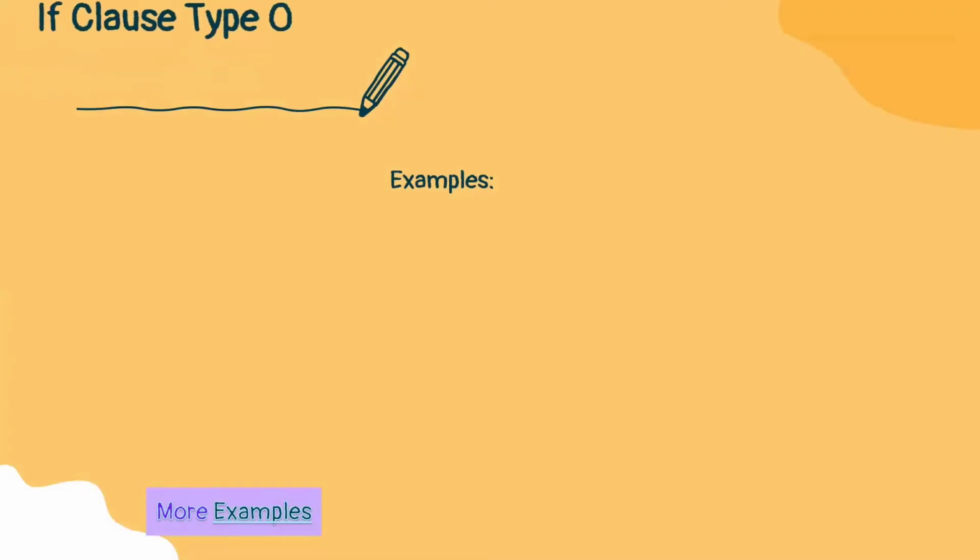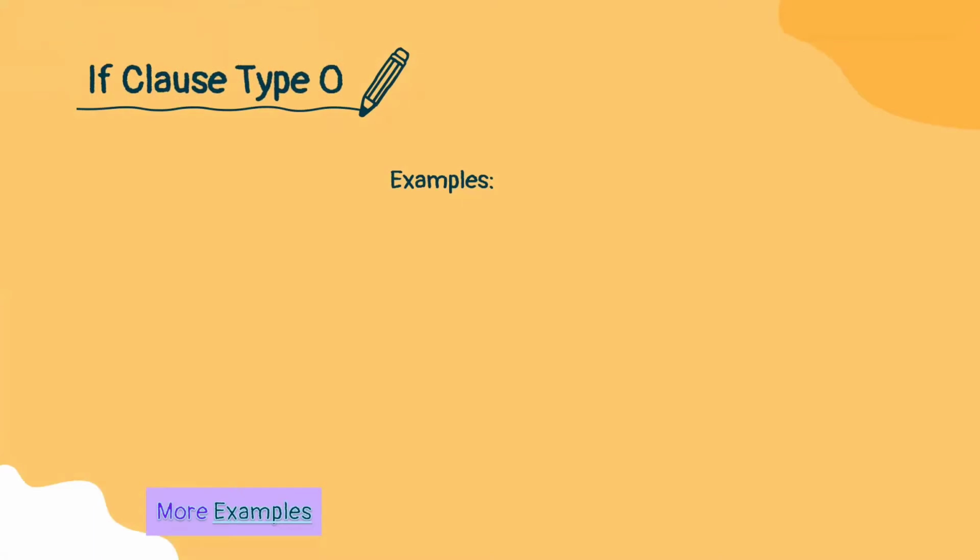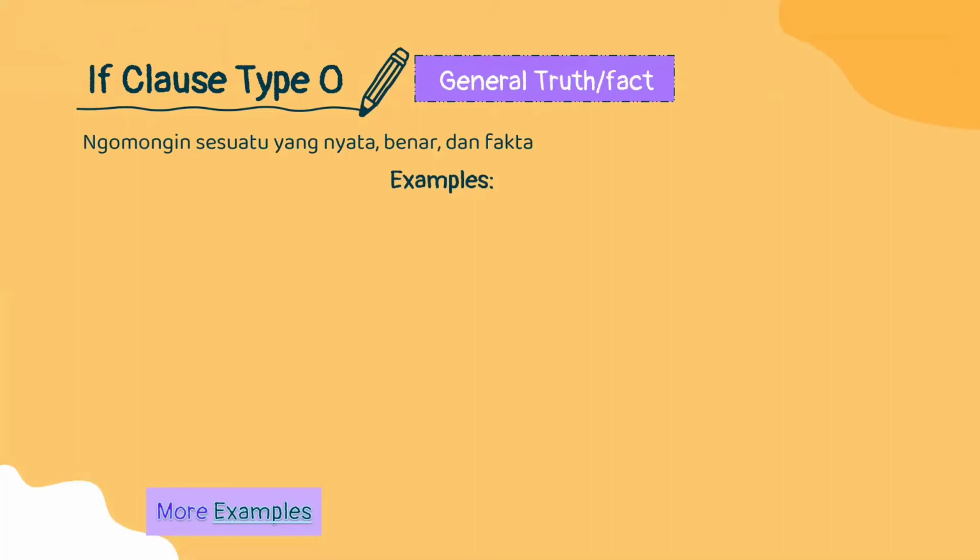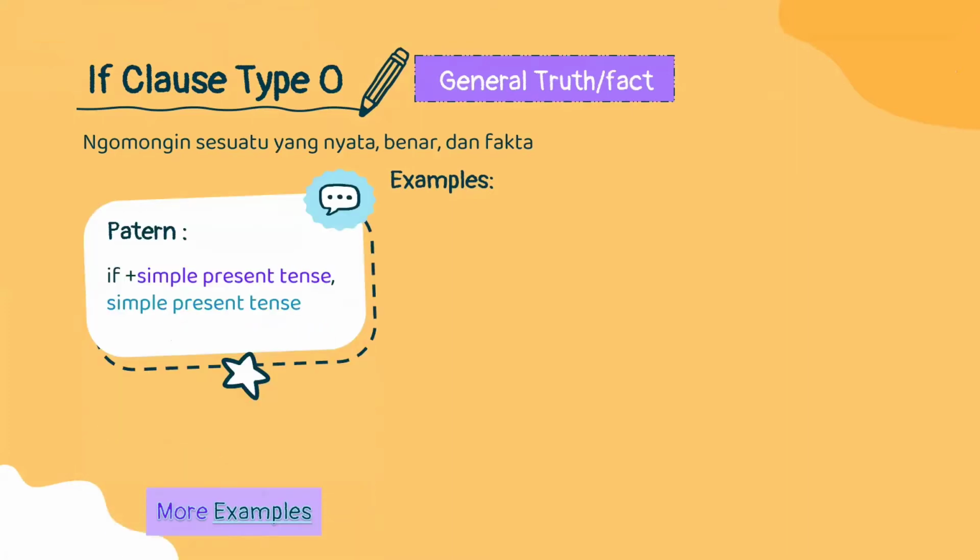Okay, for example, if clause type 0, general truth or fact. Ngomongin sesuatu yang nyata, benar, dan fakta. Okay, with pattern, if plus simple present tense, simple present tense.